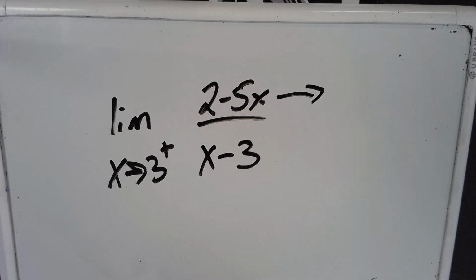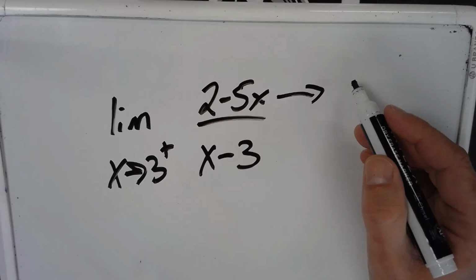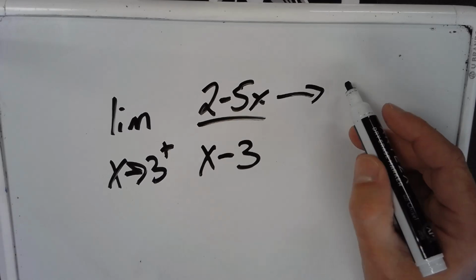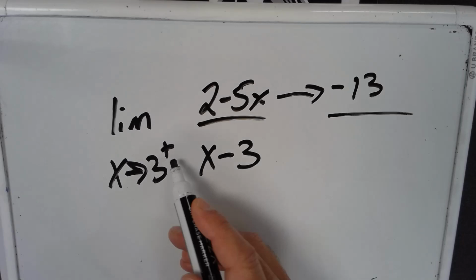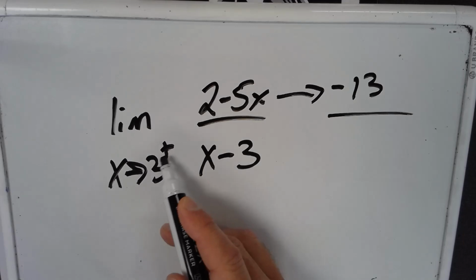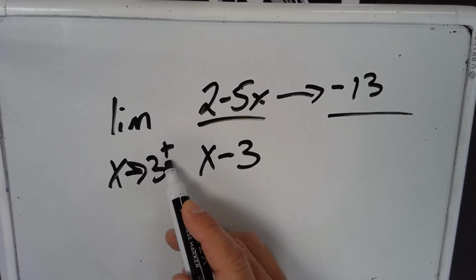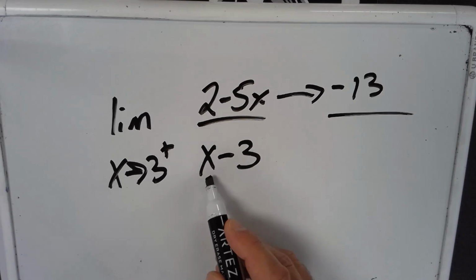Yeah, you just plug in 3, so what would this be? Negative 13. Okay, so we know that the numerator is going into something like that. And now this is where this is going to make a big difference. We're plugging in numbers, and you're answering bigger or smaller than 3 here. Bigger.